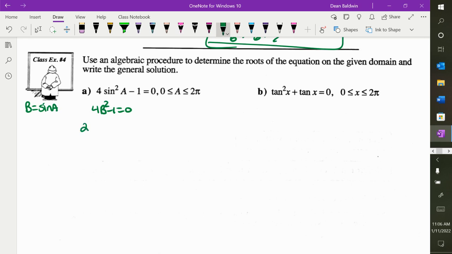So you're going to get 2b minus 1, 2b plus 1. So you end up with 2 sine a minus 1 equals 0, or 2 sine a plus 1 equals 0.